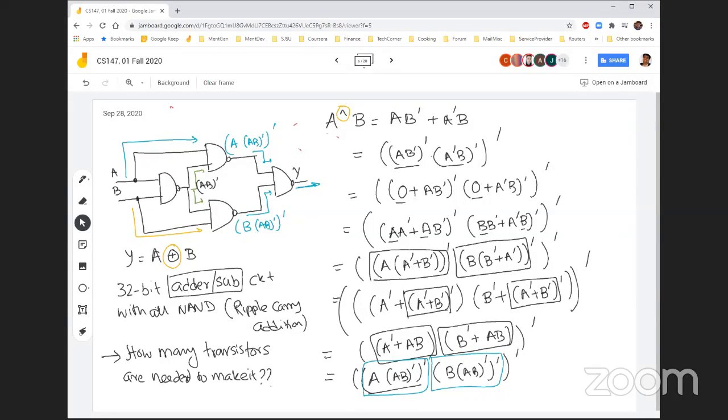It's a NAND gate and an inverter, so that's 6 transistors total. So 2 half adders is 44 transistors, and then you have an OR gate for the carry bit. So that's 6 transistors. So each full adder is 50 transistors. You put that all together, you get 72 transistors for 1 bit, multiply that by 32, and I got 2,304 for the 32-bit adder subtractor.